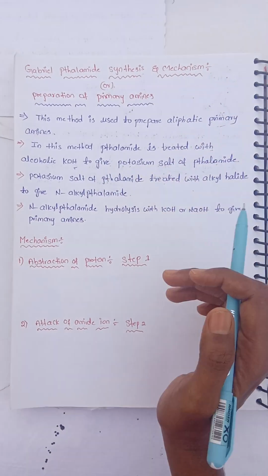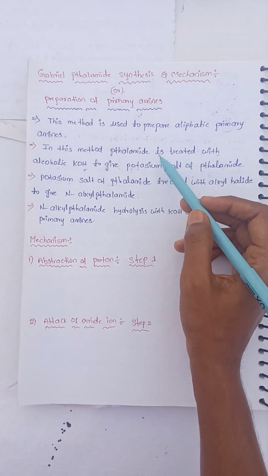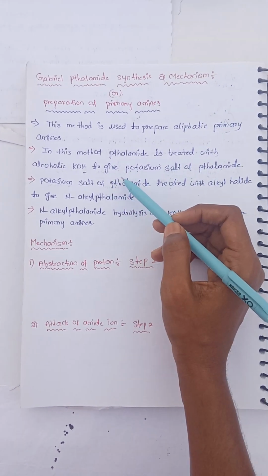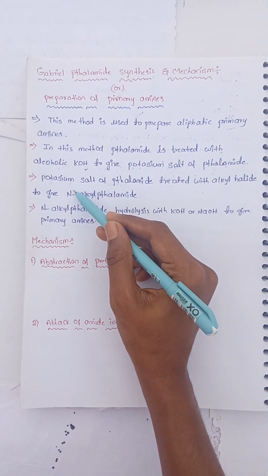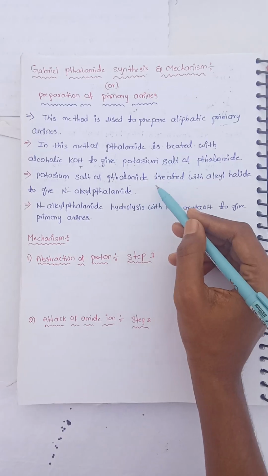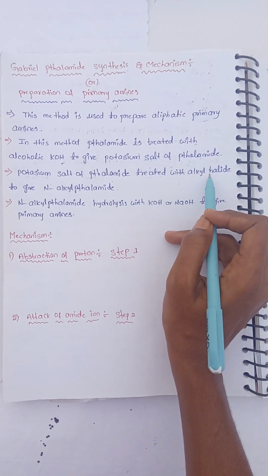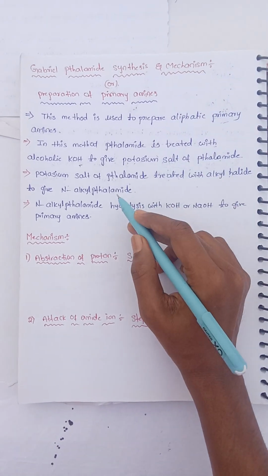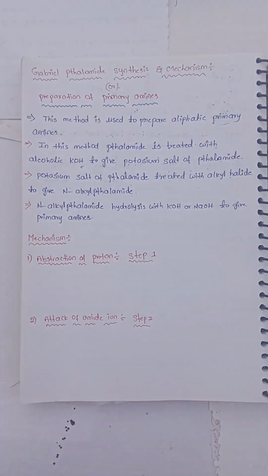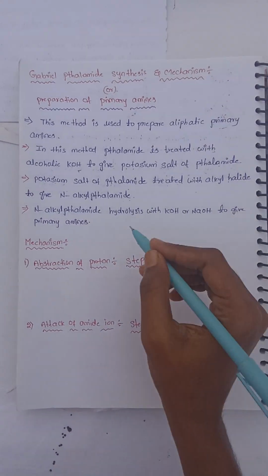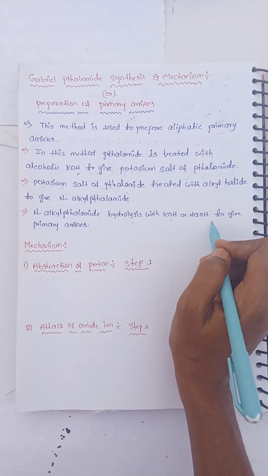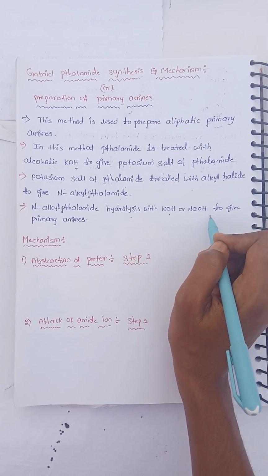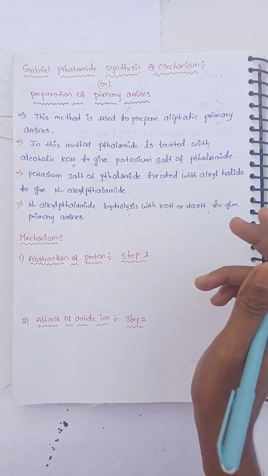In the second step, potassium salt of phthalimide is treated with alkyl halide to give N-alkyl phthalimide. In the third step, N-alkyl phthalimide is hydrolysed with KOH or NaOH to give primary amines.